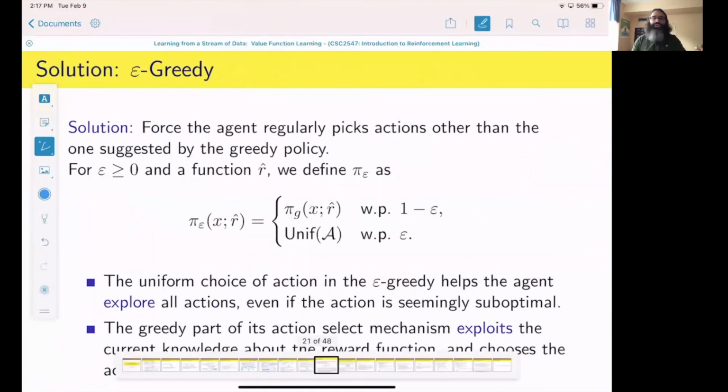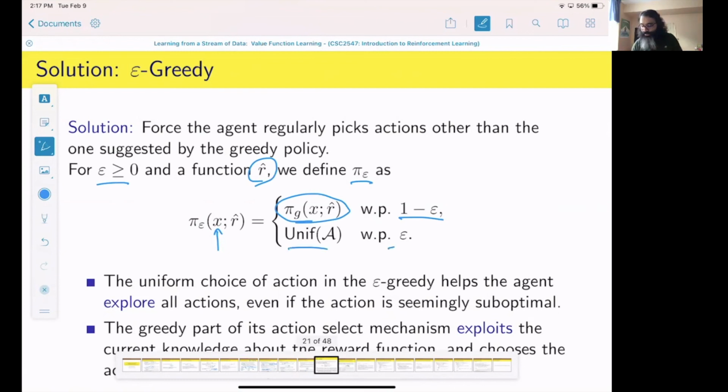But one solution here, as a few of you mentioned, is that we can use epsilon greedy. The basic idea is to force the agent to regularly pick actions other than the ones suggested by the greedy policy. Epsilon greedy is one way to do it. Epsilon greedy is defined as pi of epsilon. For some positive epsilon, and given input r hats, with probability 1 minus epsilon we choose the greedy policy at state x, and that would be the selected action.